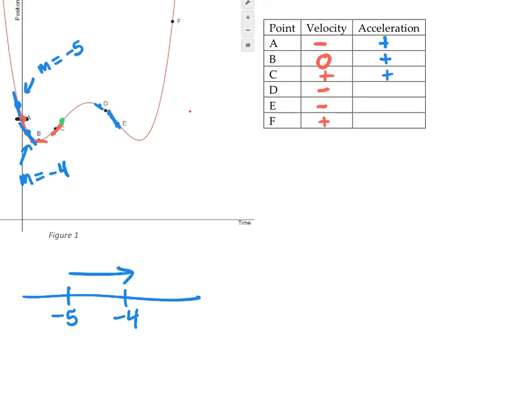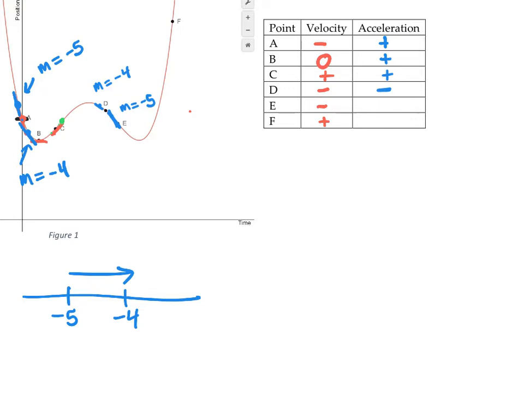So again, if I assign this a number, like let's say this one's -4 and this one is -5, I can now see that instead I am starting at a velocity of -4 and going toward a steeper negative, so going from -4 to -5, which means my velocity is decreasing, so that means I have negative acceleration.